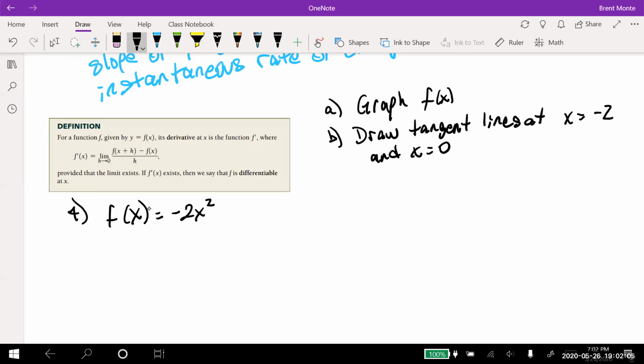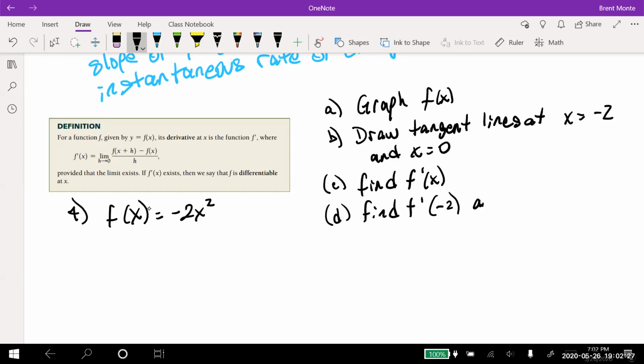They also have x equals positive 1, but those will just run into each other. And then C, find f prime of x. So using that limit of the quotient rule. And then D says find f prime of negative 2 and f prime of 0. And we'll talk about what those mean.